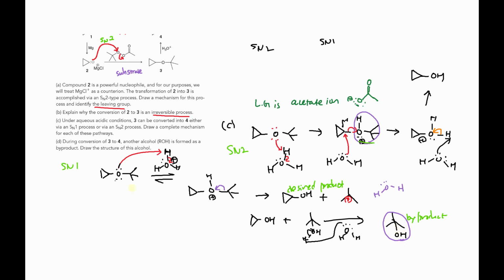And that answers our part D. During conversion of 3 to 4, another alcohol is formed as a byproduct. Draw the structure of this alcohol. Since we've done it, and it matches for both SN1 and SN2, I'm just going to draw it as this.